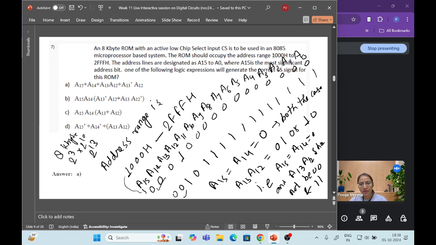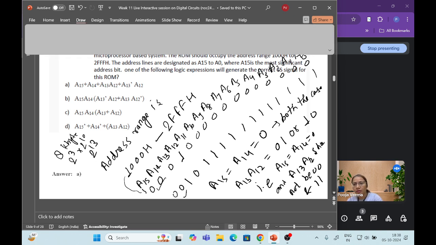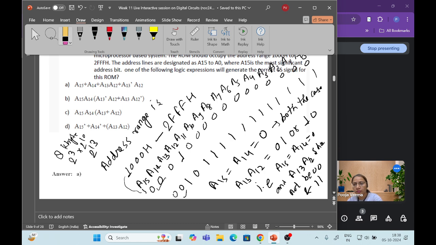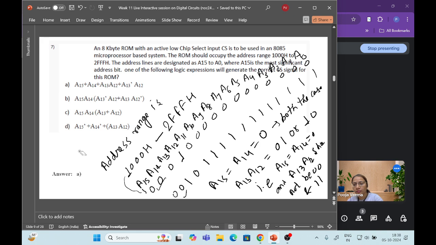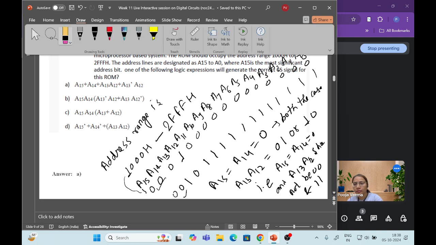So what expression can be made? I can write it here. A15 and A14 will be 0, 0.